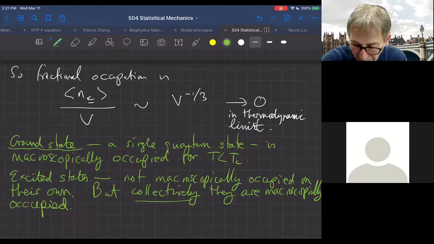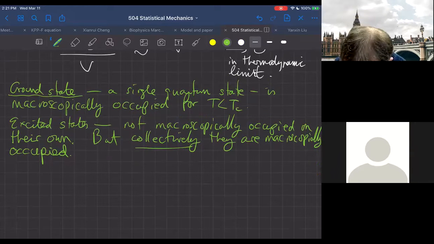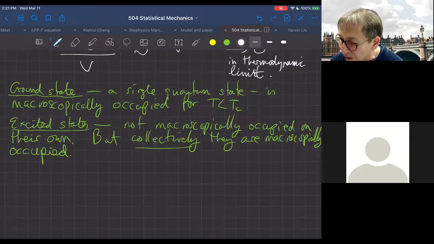And so the ground state is something special. This is the meaning of what we call a condensate.